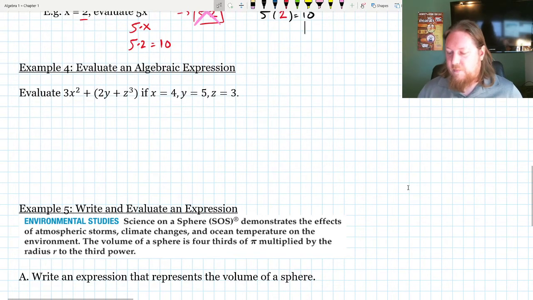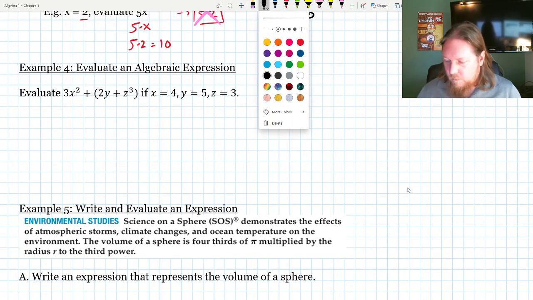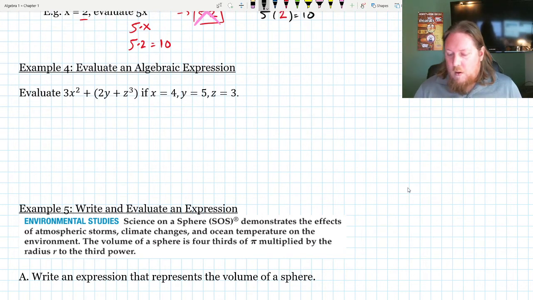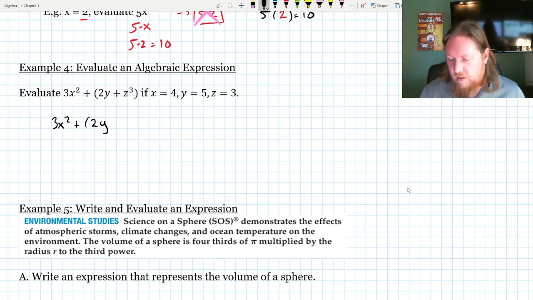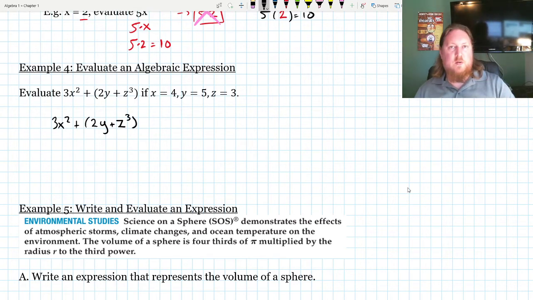Let's look at example 4 here. We're going to evaluate an algebraic expression. So, we have 3x squared, and it's always a good habit to get into rewriting the problems down. You don't have to rewrite them completely, word for word, but the expressions you should write down. Like I have mine right next to each other, but yours is in a book and then go into your piece of paper.